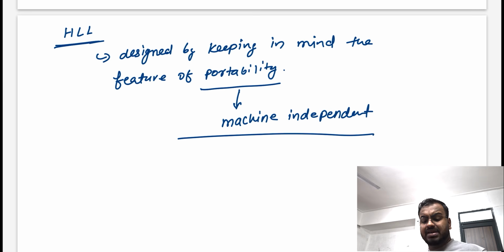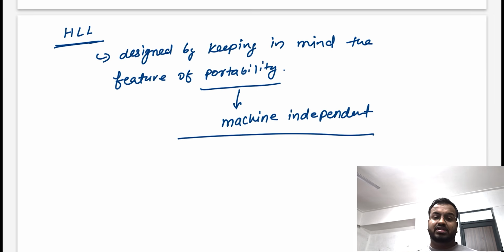We are not thinking about the hardware of the computer. We are just focusing our mind on the problem which we are solving. Clear? That's why it is easy to understand, easy to maintain.